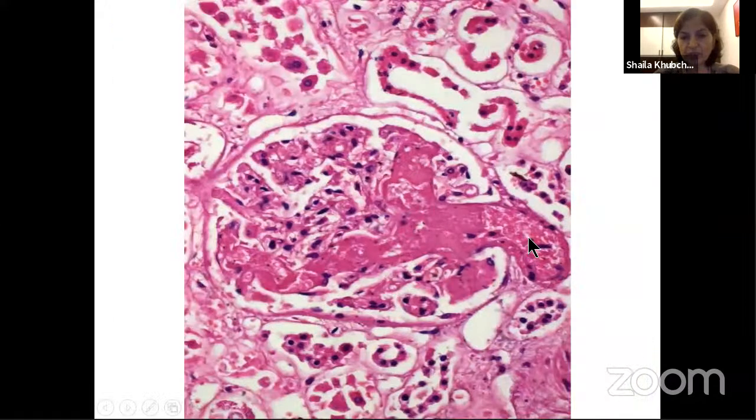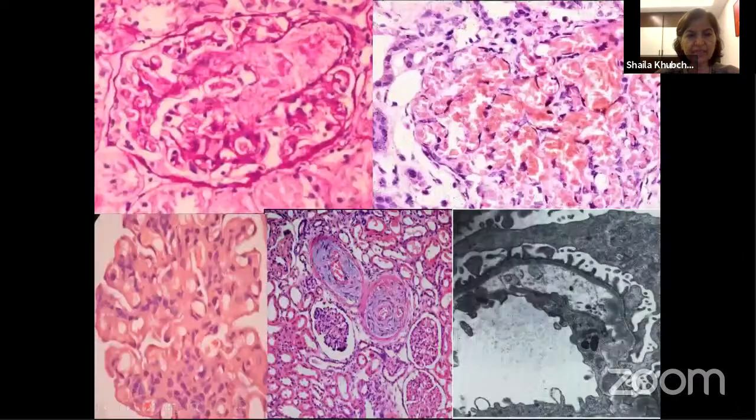A higher power view of that: can you see breakdown of the mesangium, so that you just have these huge dilated capillary loops filled with fibrin, which is mesangiolysis. So mesangiolysis, congested vessels, congested glomeruli, definite changes in the vessels.